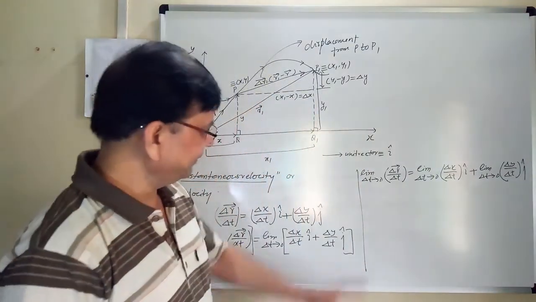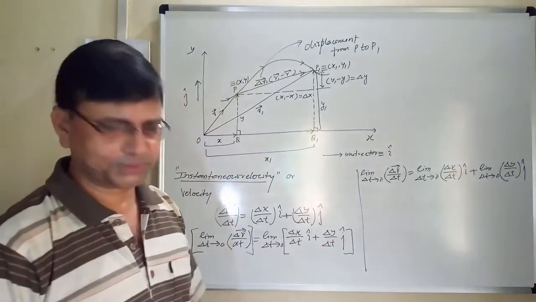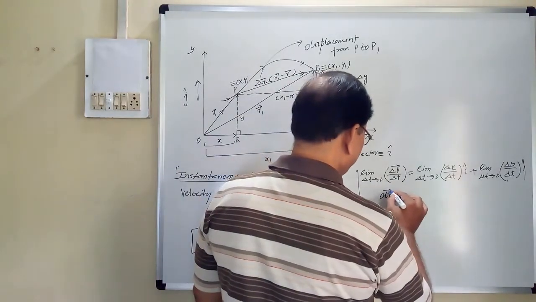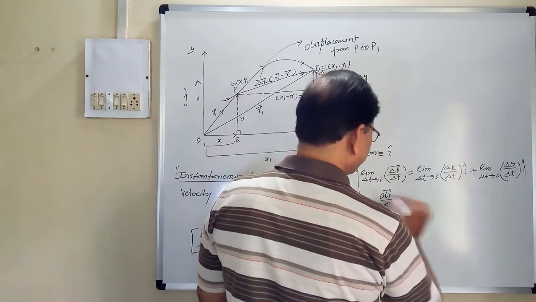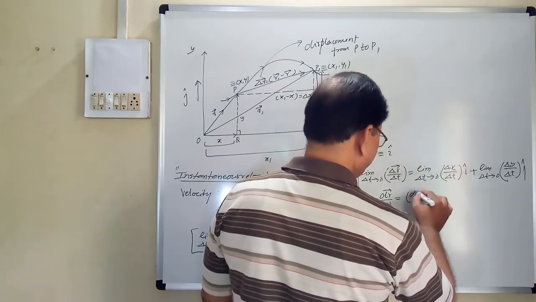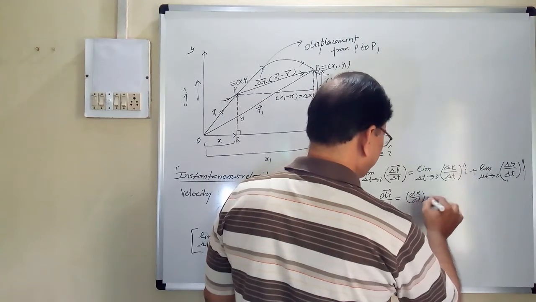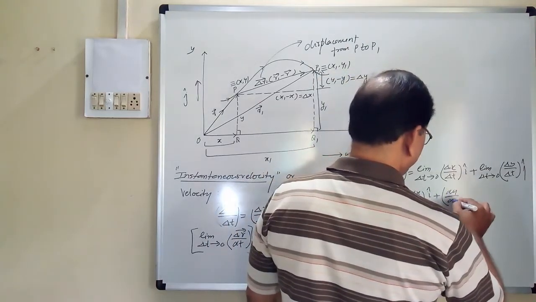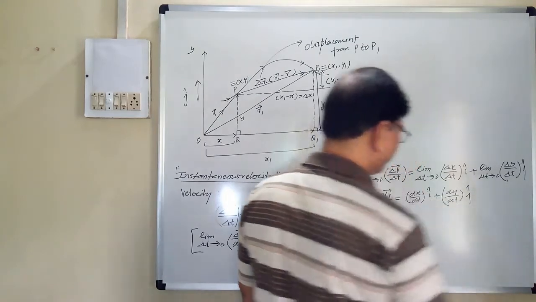This way we have separated the limit of both the terms. So this is called dr by dt, that is equal to dx upon dt i plus dy by dt j.